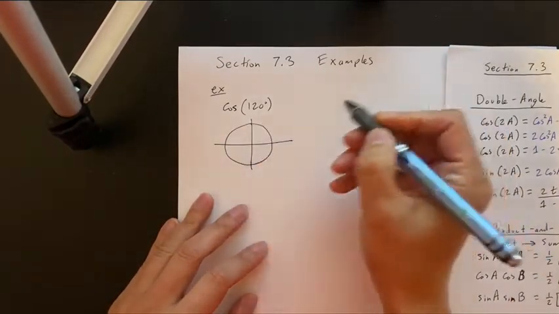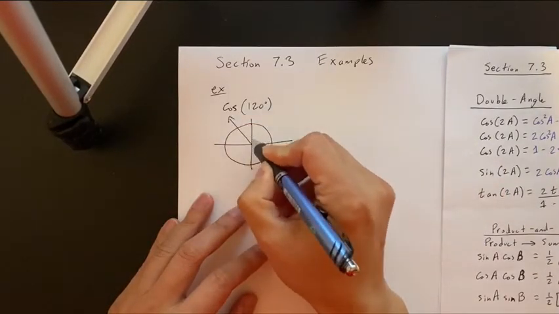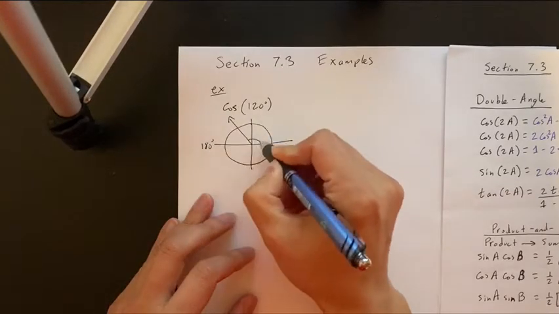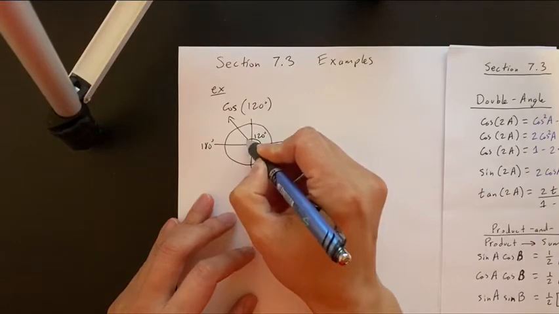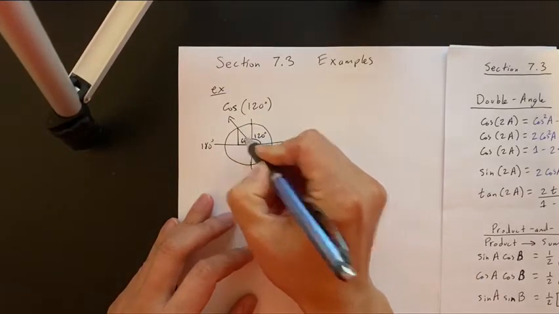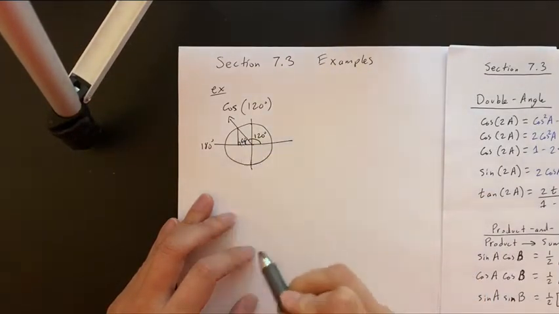So on the unit circle, this is 120. That is in the second quadrant. And if you're at 120, that means the reference angle will be 60. All right, that angle inside of this right triangle is a 60.